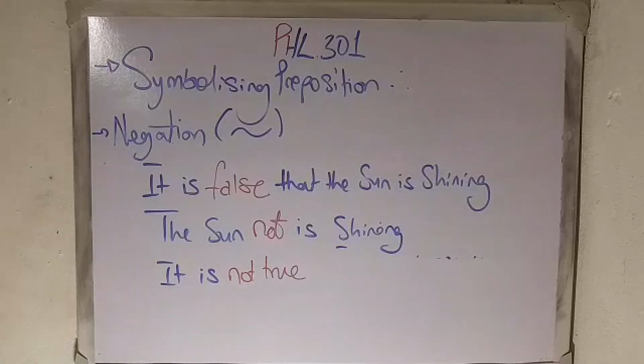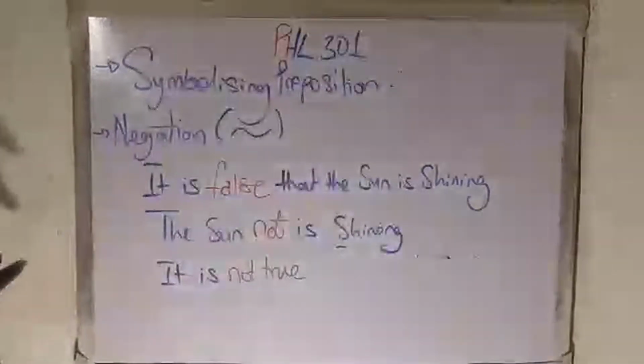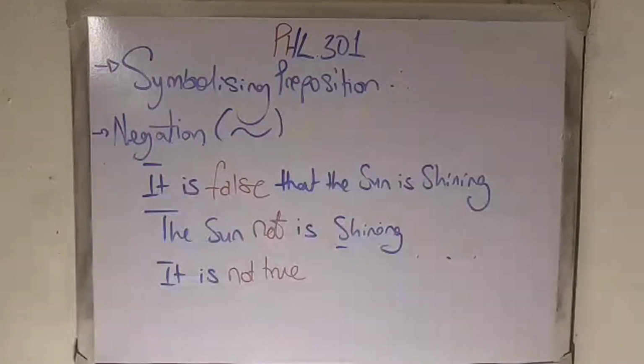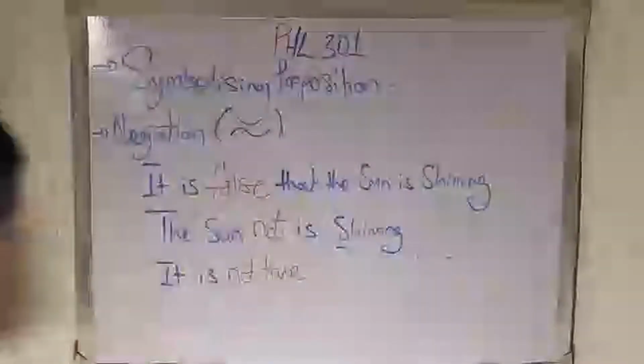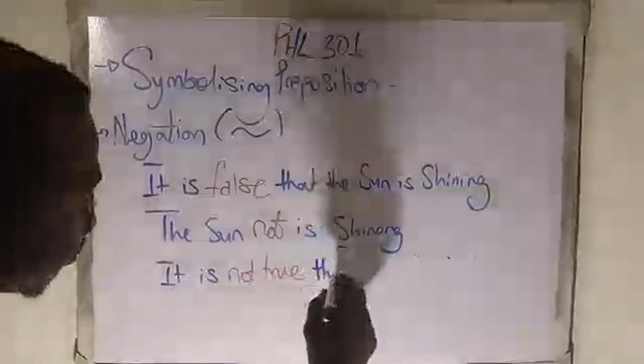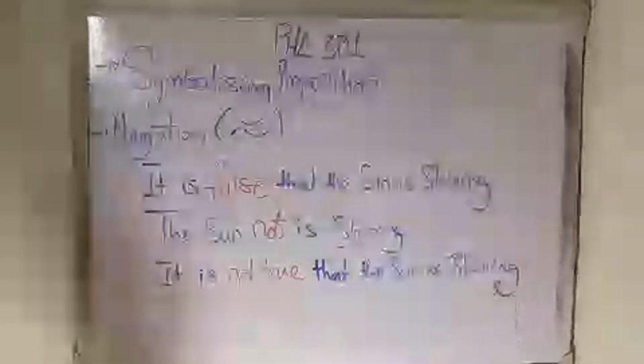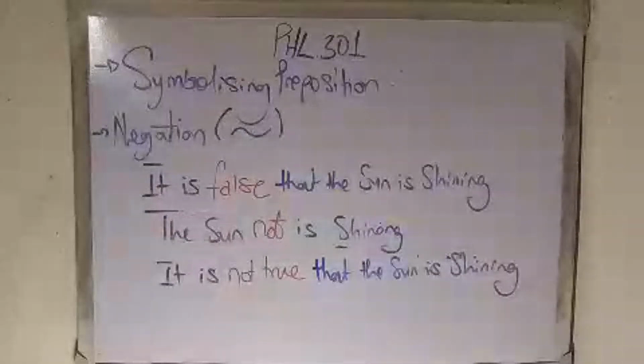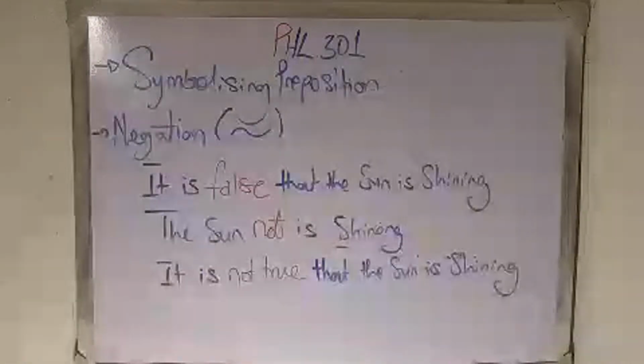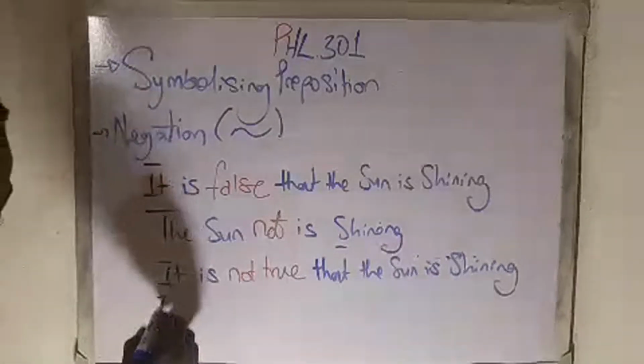So from all the examples we've given on negation, you can obviously see that they are all pointing to one thing: false, not true. I can even add one more.